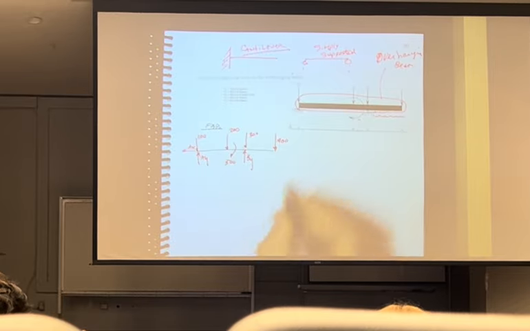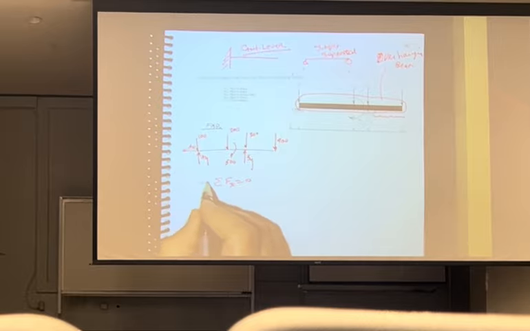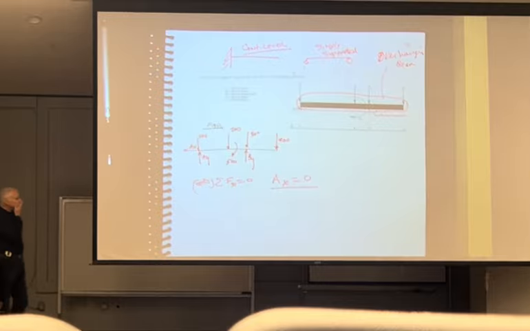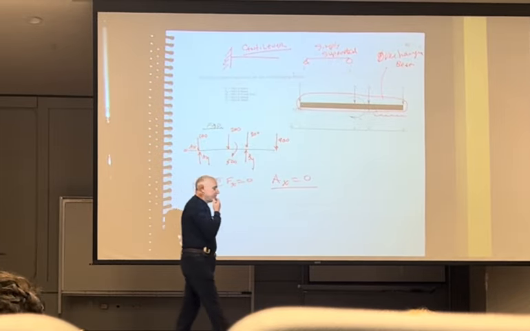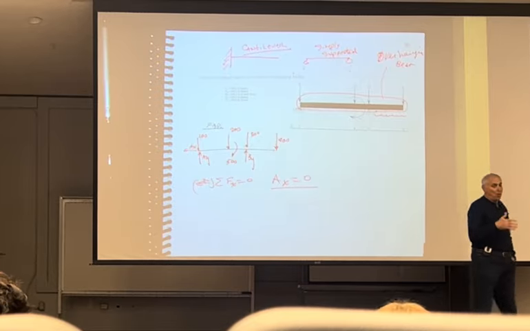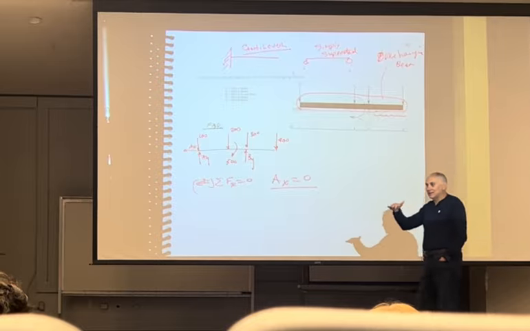Easy. Sum of forces in the x equals 0, positive to the left. AX equals 0. Is that legit? Yes. Am I surprised by this? The answer is no. Why not? Because beams are not intended to carry axial loads, loads along their axis.